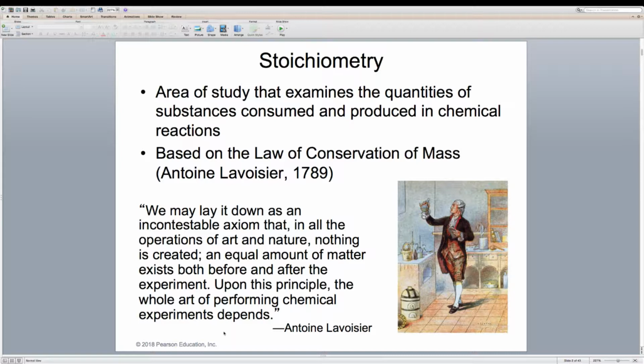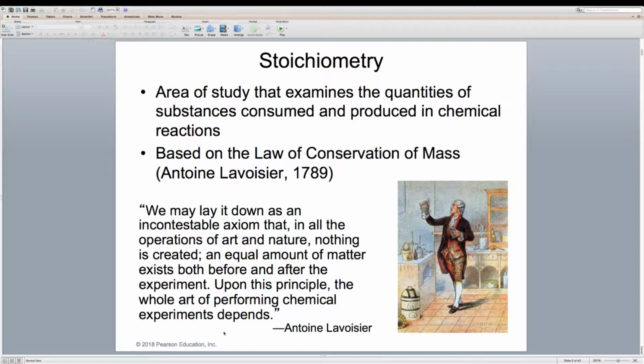It sounds a little intimidating, but really all stoichiometry looks at is how much did you use up in a chemical reaction and how much did you make, and how those two amounts are related. They are proportional. They are going to always be proportional regardless of what kind of chemical work that you're doing.